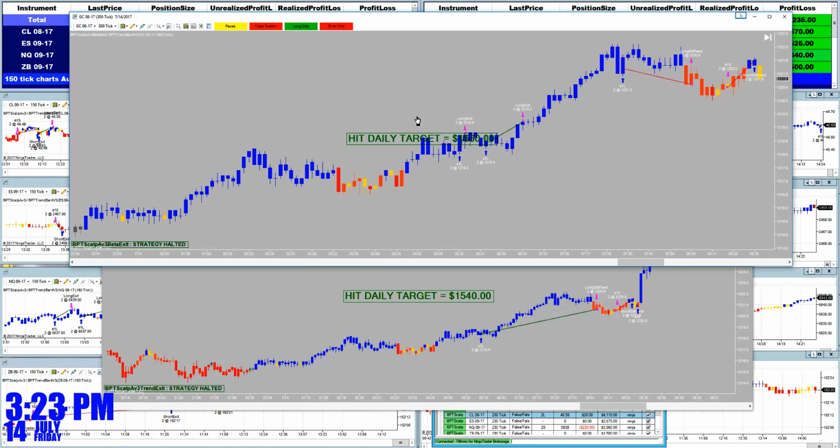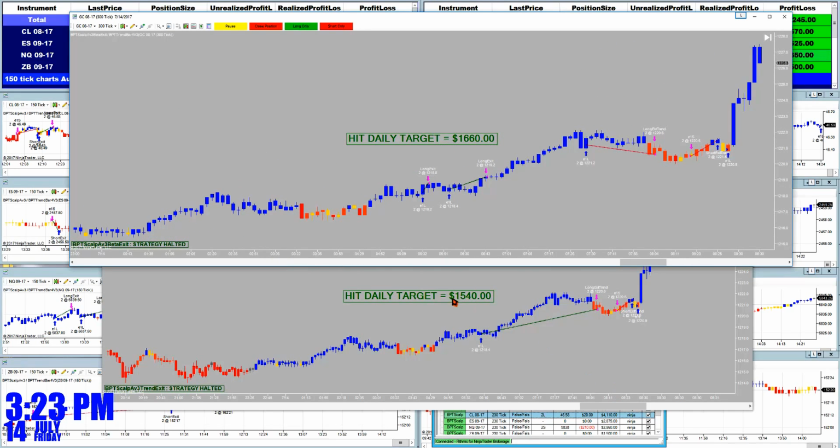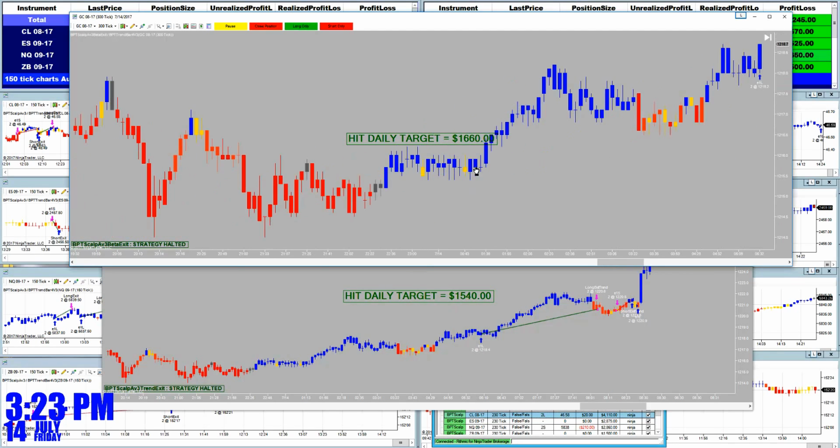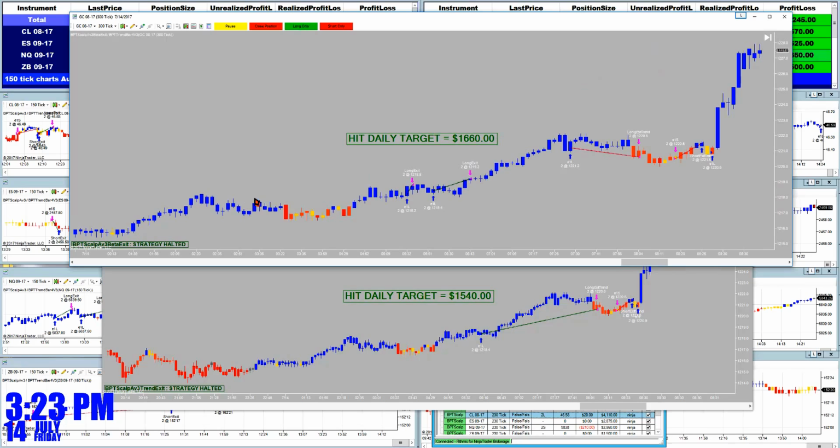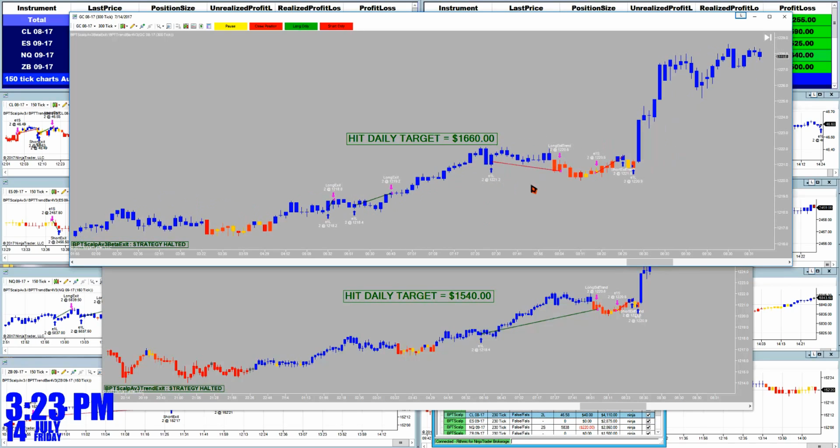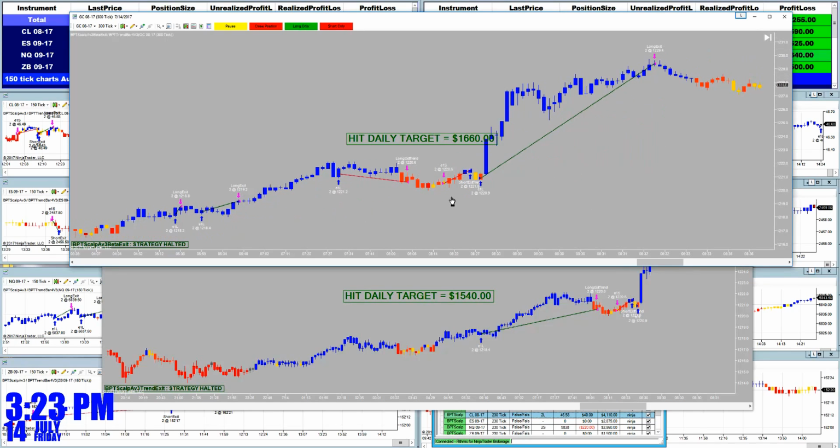So here is the difference between those two. We had an entry at the same time, and here is your scalper. It took a small trade, one trade, two trades, one losing trade, two losing trades, and then the swing. Really nice, beautiful trend.